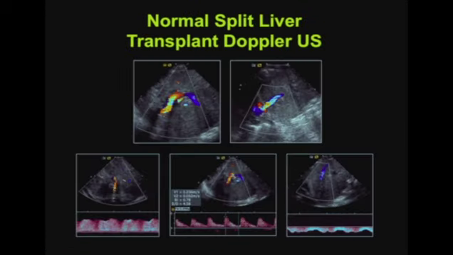Again, with the split liver transplants and the living-related donors and reduced size transplants, the anatomy is often much more complicated and variable. There's a rotation usually of the hepatic segment, so you really need to spend some time to orient yourself.